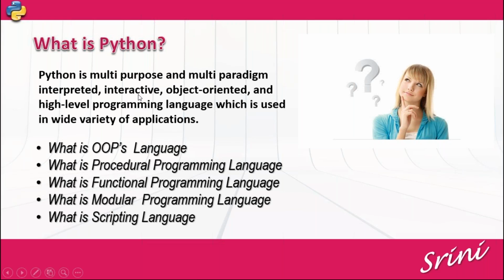Python provides two different ways of working with Python. You can work with Python in two different modes. One is interactive mode, the second one is script mode. What is interactive mode? Just like a command prompt, console. Python gives you the console, the Python prompt.